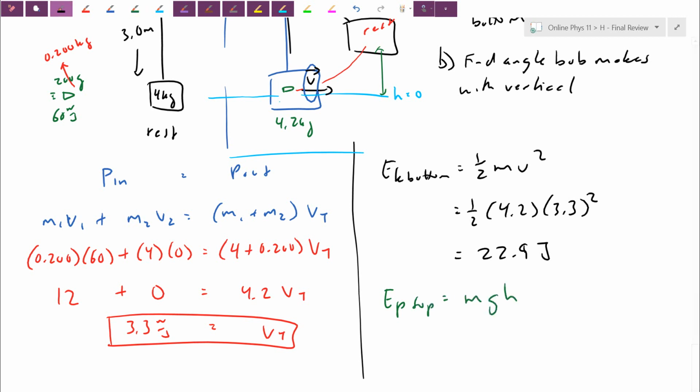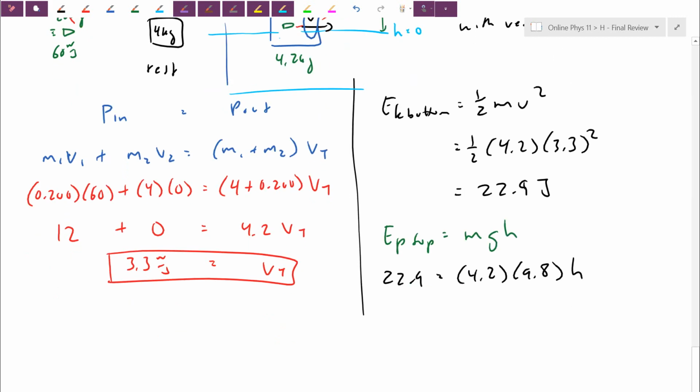If all the 22.9 was transferred to the potential account, 22.9, I'm a total mass of 4.2, assuming we're on the Earth's surface again, 9.8 times h. The h, the maximum vertical height that I get, take the whole number if you have it, 22.869, divide 4.2, divide 9.8, gives you a total height of 0.56 meters.